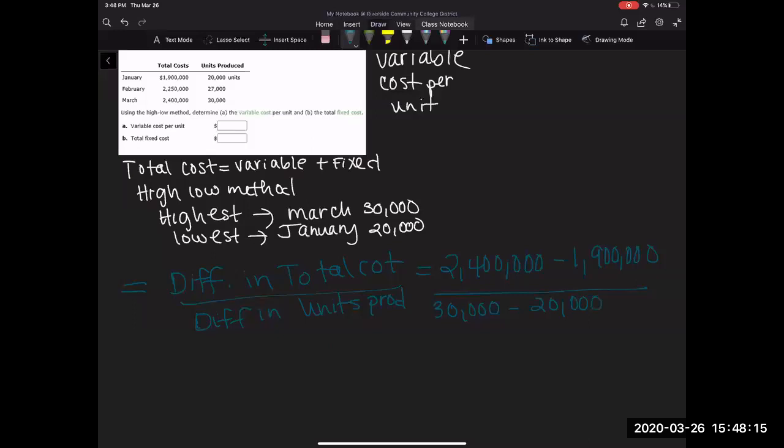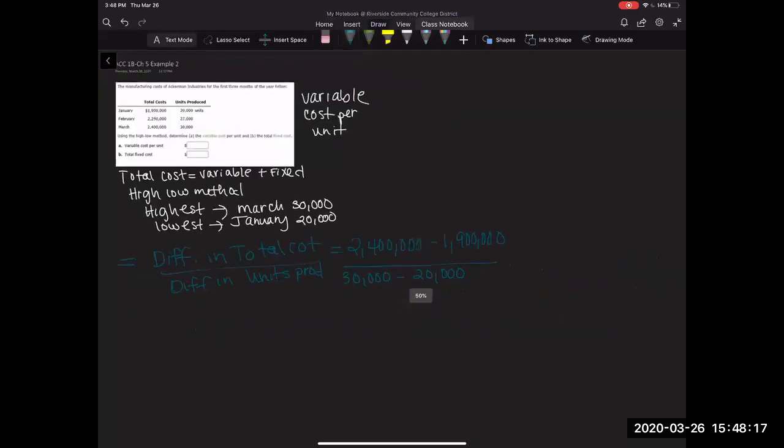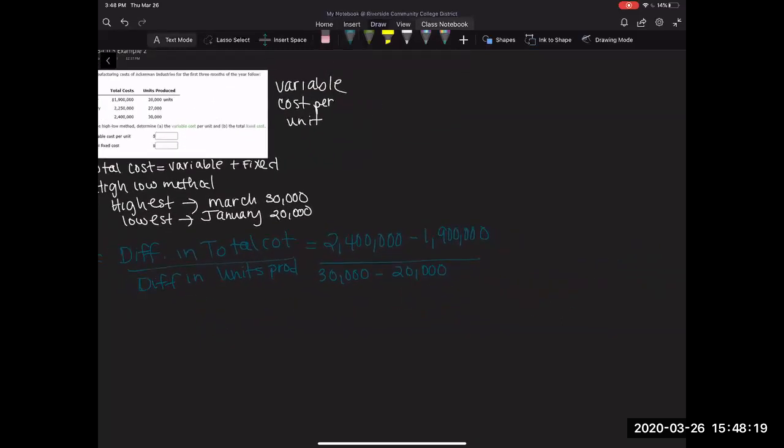Okay. All right, so if we consolidate this formula, we do 2.4 million minus 1.9 million. That comes out to 500,000. And then if I do the difference in units here, that's going to be 10,000, right?